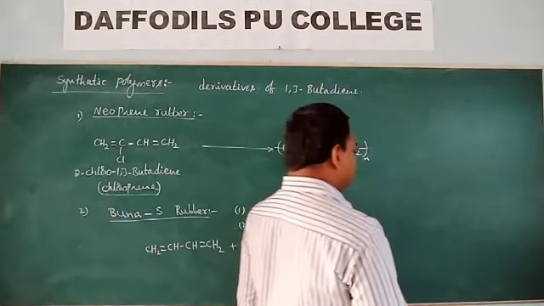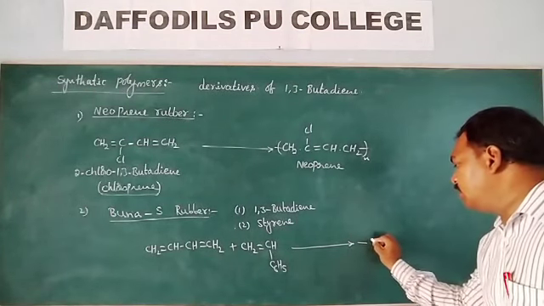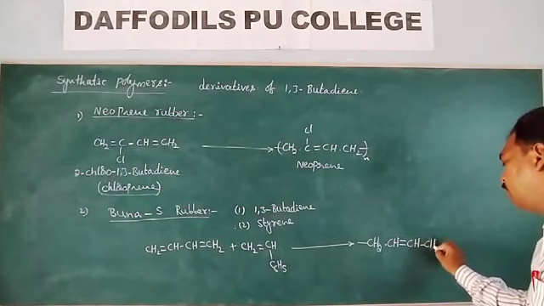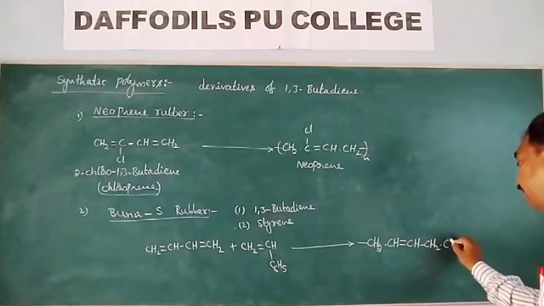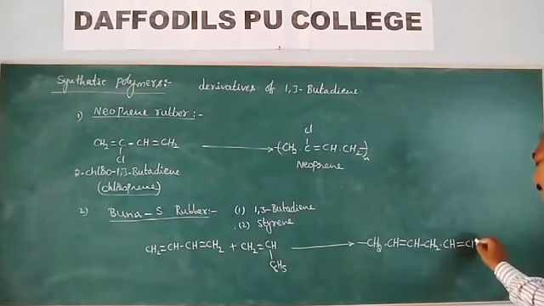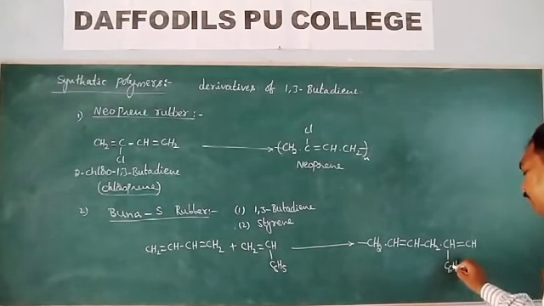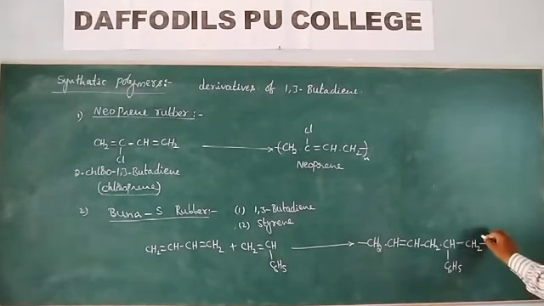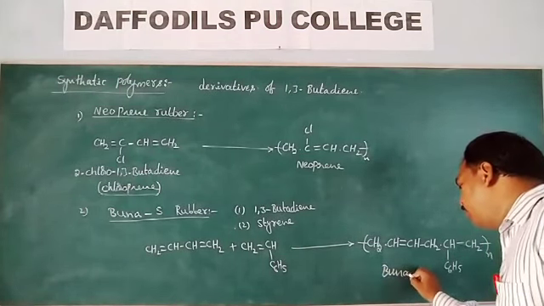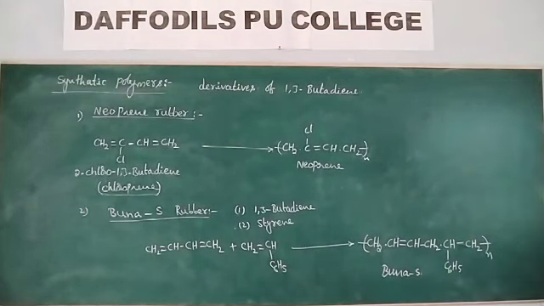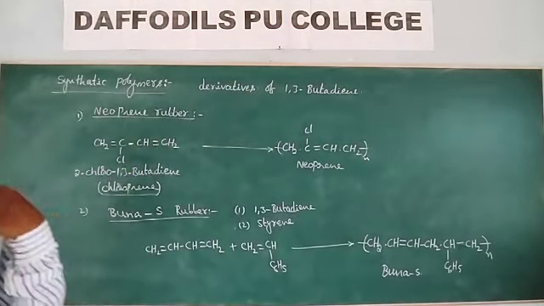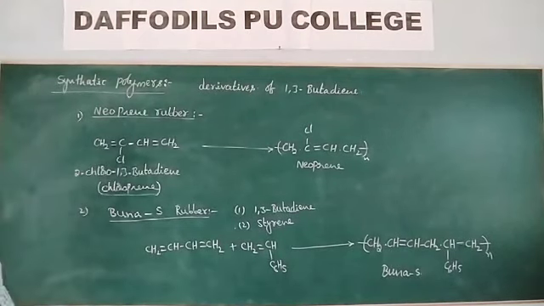You will get a polymer, and this is called Buna-S rubber. In Buna-S rubber, the monomeric units are 1,3 butadiene and styrene.